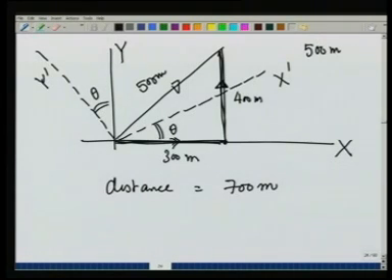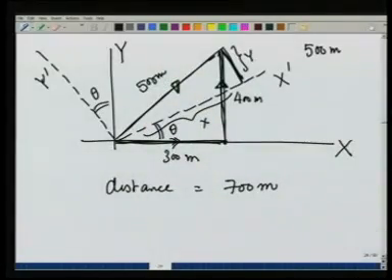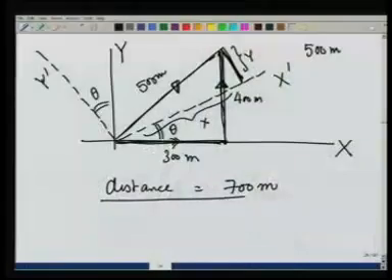However, this vector is going to have components which are not 300 and 400 meters, but this is going to be its x component and this is going to be its y component. So, although the vector remains the same, it is 500 meters in this northeast direction, its components along different frames are different. On the other hand, for the scalar quantity distance, that remains unchanged.